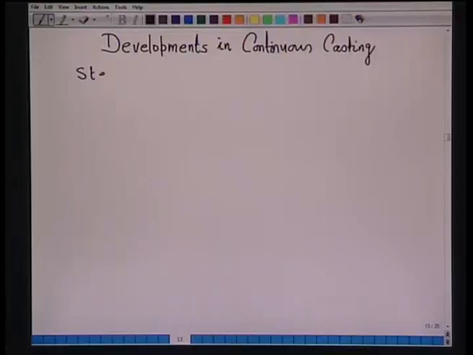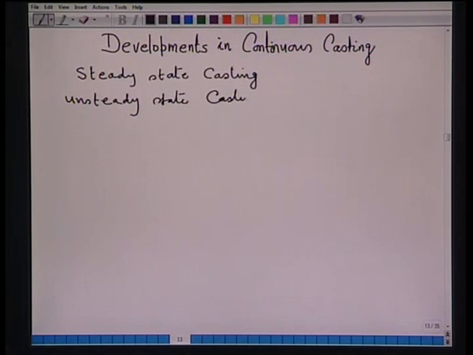So let me introduce to you now two terminologies. One is steady state casting, and the other is unsteady state casting. Unsteady state casting, because as we pour molten steel from the ladle to the Tundish, it takes some time before the Tundish attains the required height.